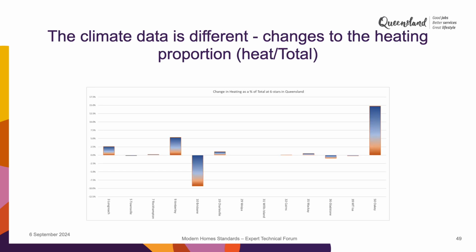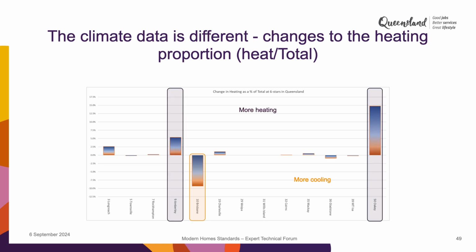But before I do get into that, this little chart shows the change in the heating cooling proportion in all the different climate zones. Brisbane you can see from that one, it's in this, oh, I've got more cooling than I used to. Amberley and Oakey, which is used for Toowoomba, I've got more heating than I used to.